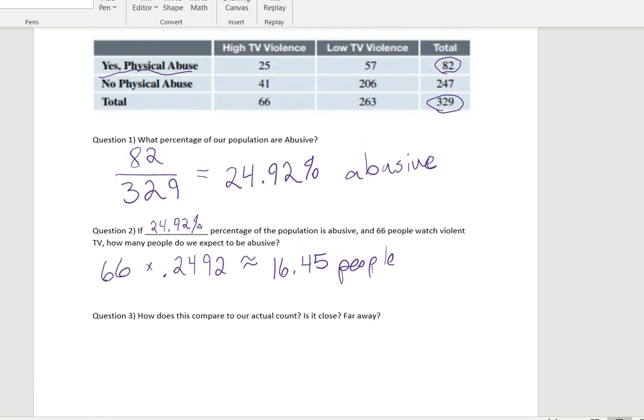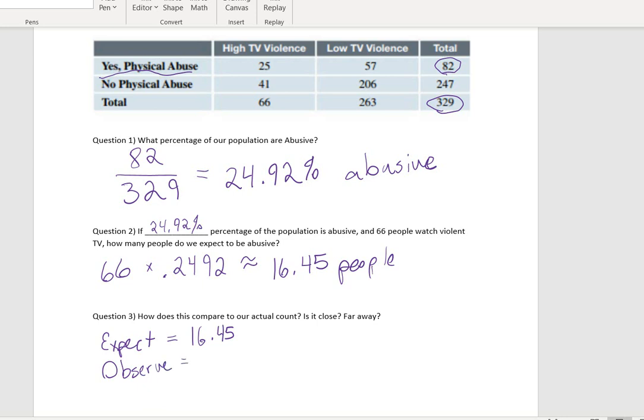Now, how does this compare to the actual count? So what we expect is that of our sample, we should see 16.45 people watching violent TV and being abusive, but what we actually observe, okay, is, yes, physically abusive high violence TV is actually 25.